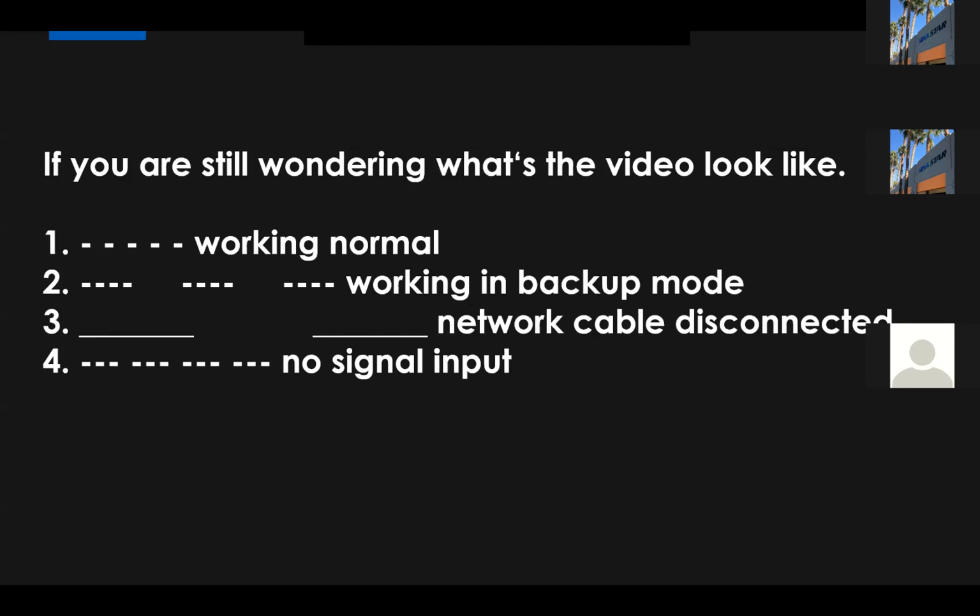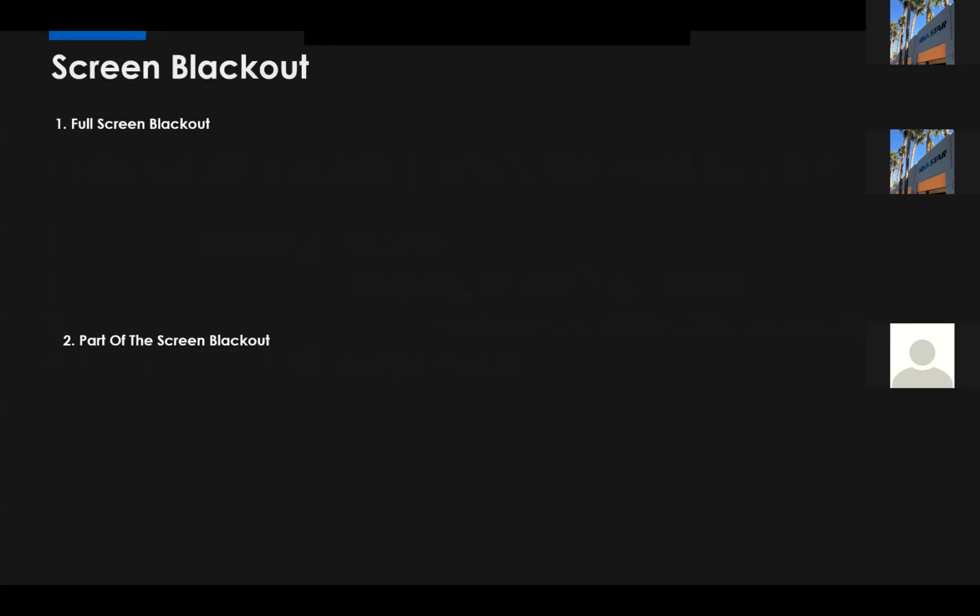All right, let's say the cases for the screen blackout. When we meet the blackout issue, we may see two situations. The first one is the whole screen is black.